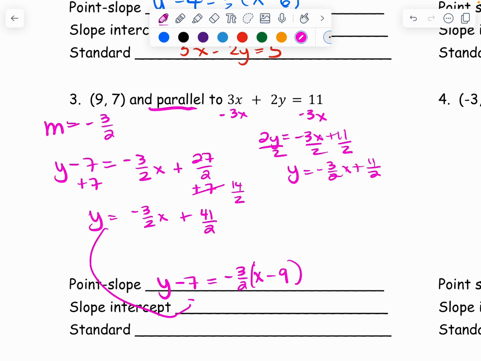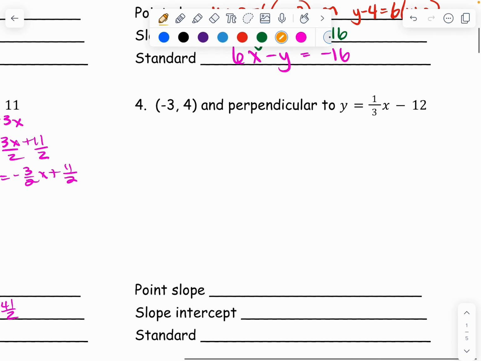Oh, that goes right there. Then if I want that to be in standard form, multiply everything by 2. Let me write this down here instead, because I want to multiply this all by 2. And I would get 2y equals negative 3x plus 41. Add that 3x to the other side, get 3x plus 2y equals 41.